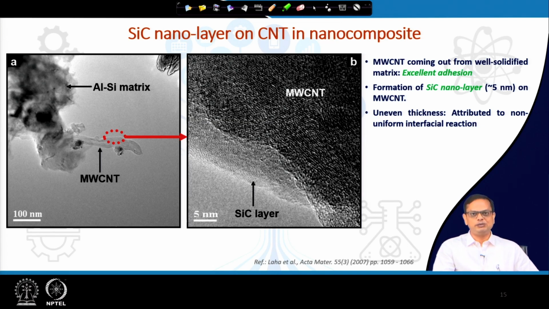On top of the MWCNT surface, a carbide layer is forming because of the intrinsic defect density in the carbon nanotube. That leads to carbide formation, first point.